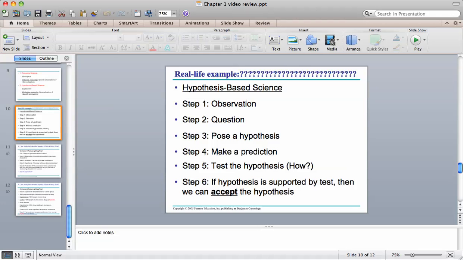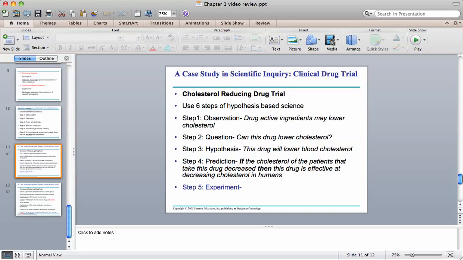And in the PowerPoint, there is an example of a cholesterol-reducing drug trial. And in that, it goes through each of the steps, and it gives you the observation, the question, hypothesis, etc. So take a look at that as an example for yourself of this hypothesis-based science.